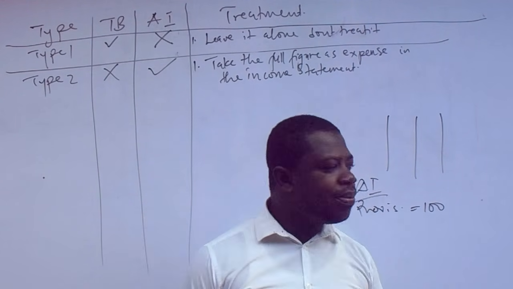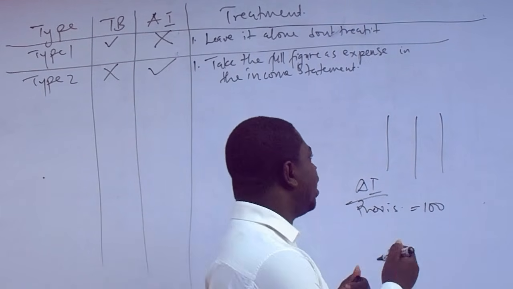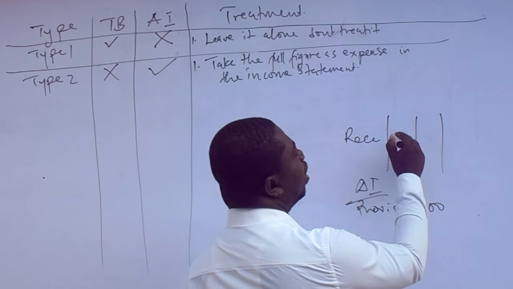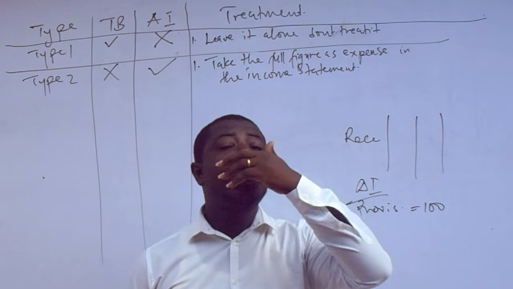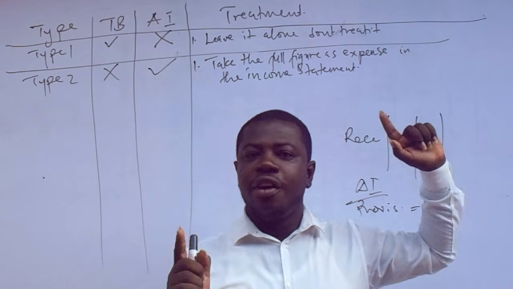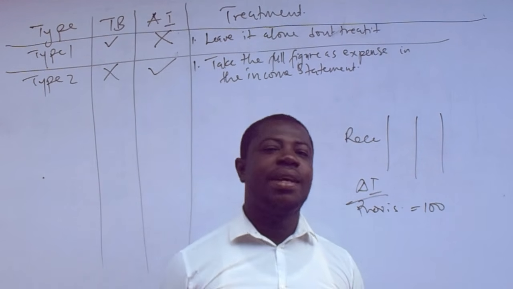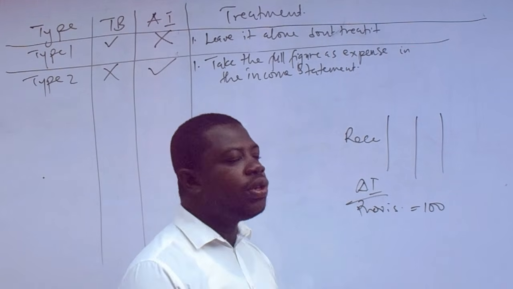Then the second treatment for this 100 is that now this 100 was calculated on the debtors or the receivables figure. So because it was calculated on the receivables, when we get to the statement of financial position, we are going to subtract this 100 from the figure of the receivables in the statement of financial position. So we reduce receivables.